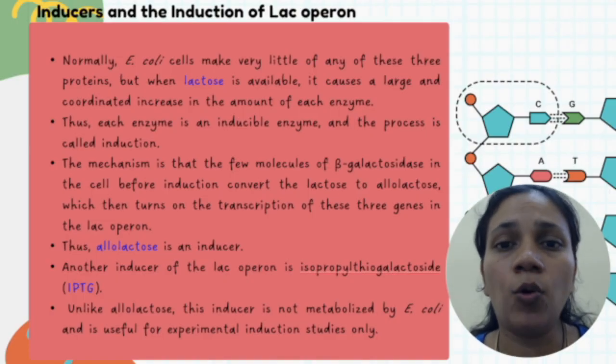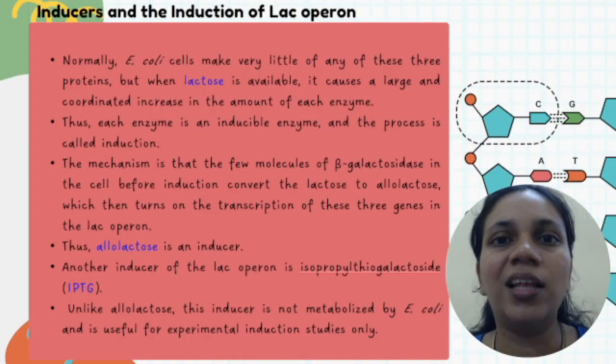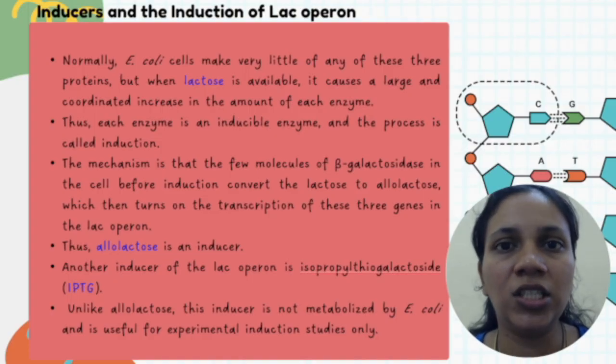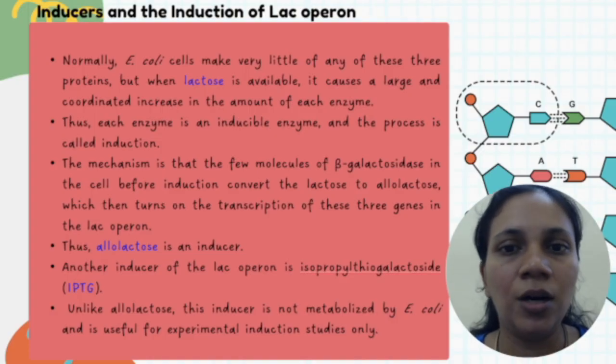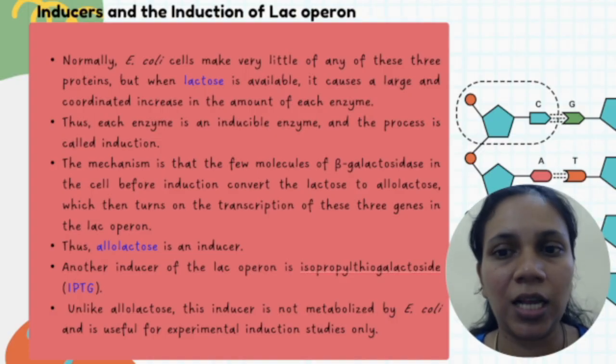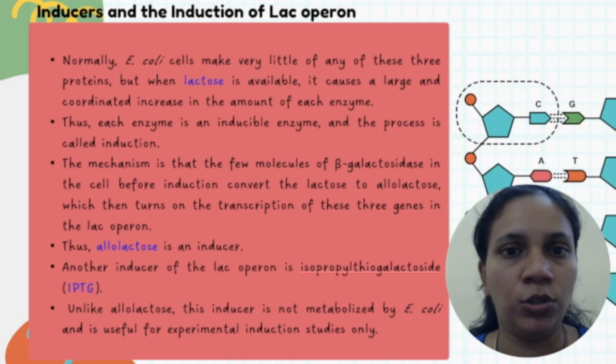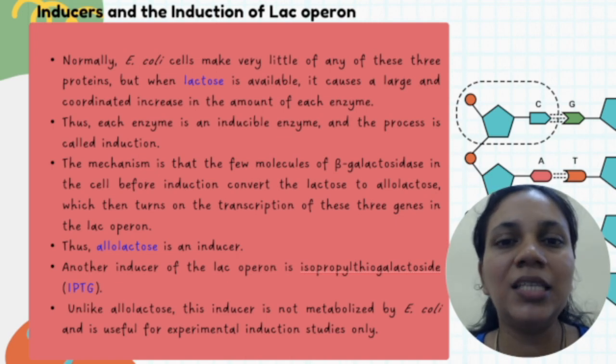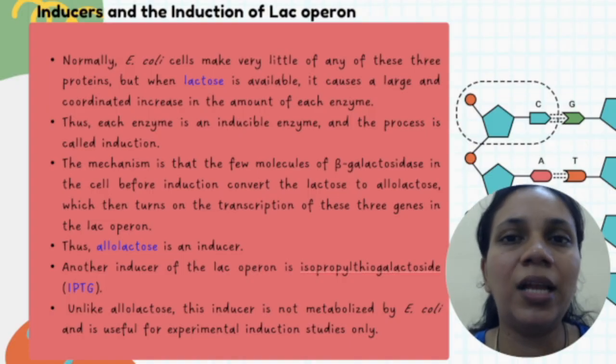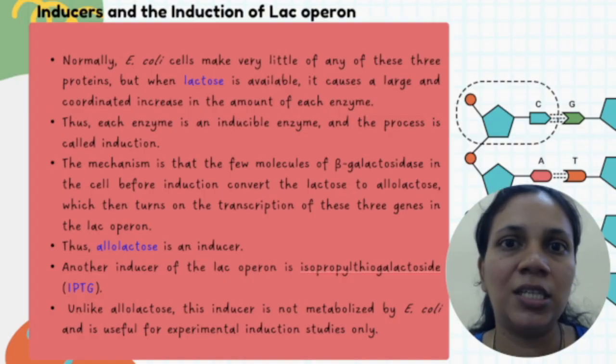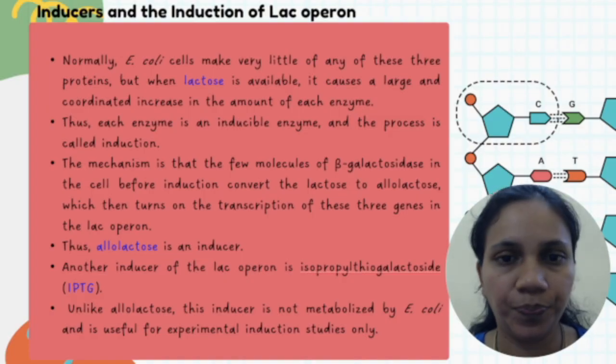But when lactose is available, this entire process gets enhanced, and these proteins are produced at a much higher pace and in higher amounts, which further facilitates the breakdown of lactose into glucose and galactose. Now these enzymes are inducible enzymes which get induced, and the process they facilitate is the induction.